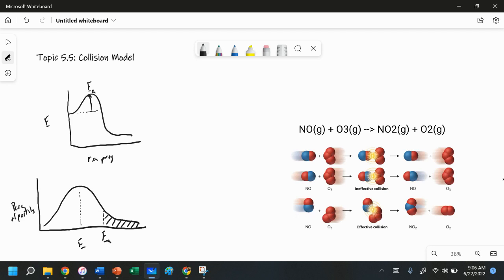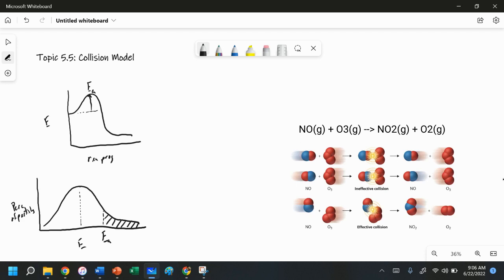One of the oxygen atoms can break off and bond to the nitrogen monoxide molecule to make a nitrogen dioxide molecule, and then O2 remains. And so orientation just means that the molecules collide with one another in the correct arrangement that they can form the products.